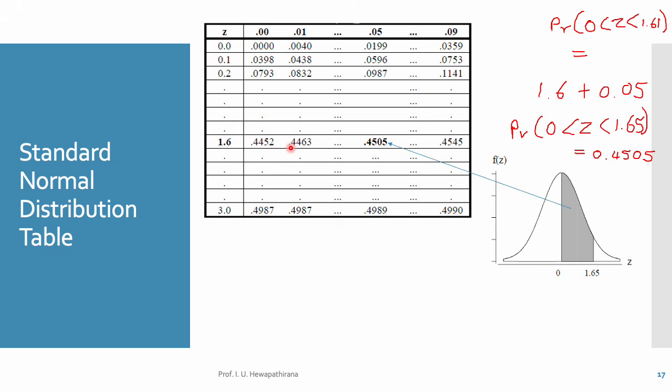So where 1.6 and 0.01 intersect, I will find the probability 0.4463. Then my answer would be 0.4463. So remember, this table gives the probability that Z is greater than 0 and less than a given value. It always starts with 0.